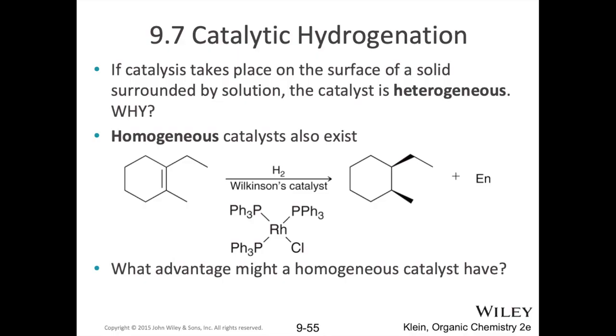I mean, heterogeneous catalysts have their own sets of advantages too, of course. It's usually easier to separate out a heterogeneous catalyst. They tend to be more durable, so you get more turnovers out of them. They just last longer. You can recycle them a little bit more, things like that. But from a product standpoint, homogeneous catalysis tends to have significant advantages there.